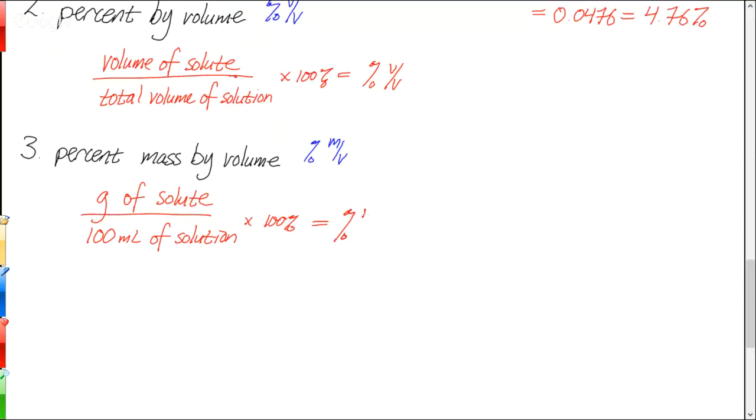And that's written as percent M divided by V. So it's grams per 100 milliliters. It just happens to come out as a percentage when you do this calculation. So let's look at an example of this one.